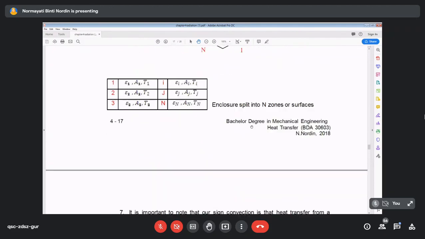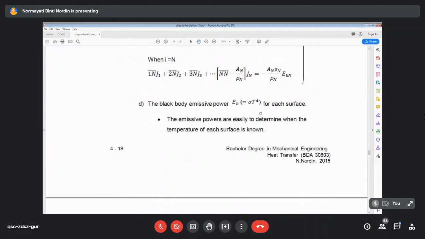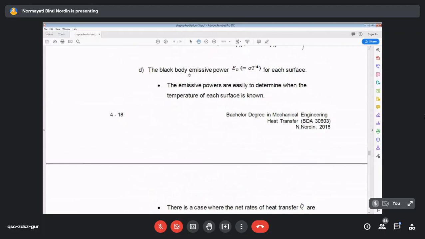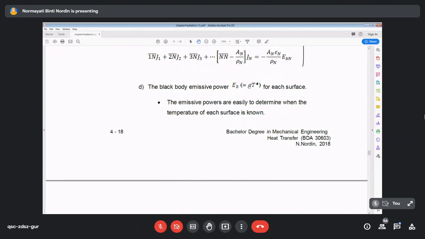Okay, how can you calculate black body emissive power for grey surfaces case? So this is the basic formulation to calculate black body emissive power, which is equal to sigma, the Stefan-Boltzmann constant, times temperature to the power of 4.